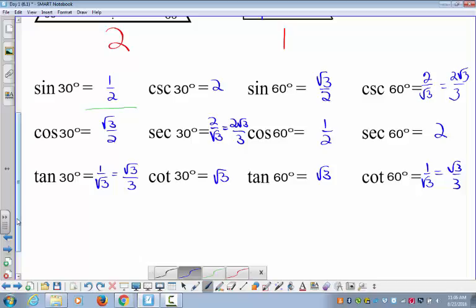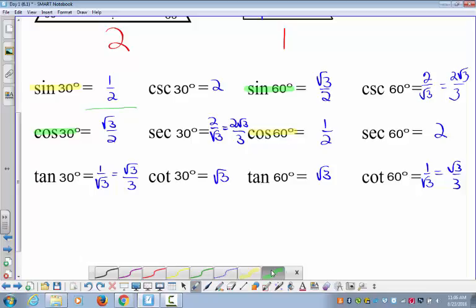Obvious connection between 30 and 60. If you look at sine of 30, cosine of 60, they're the same. If we look at cosine of 30 and sine of 60, they're the same.